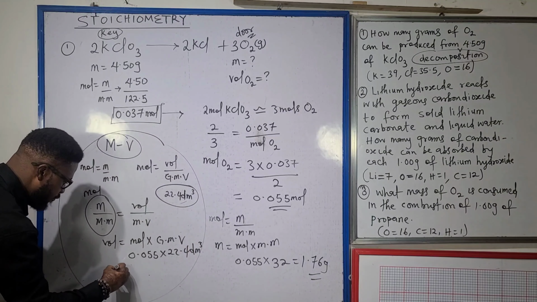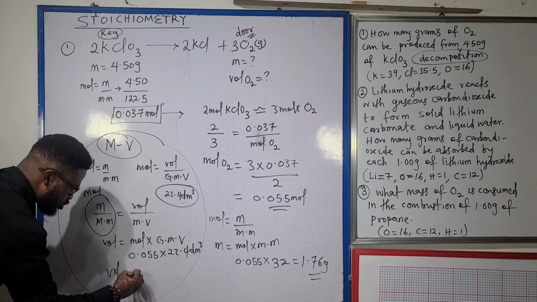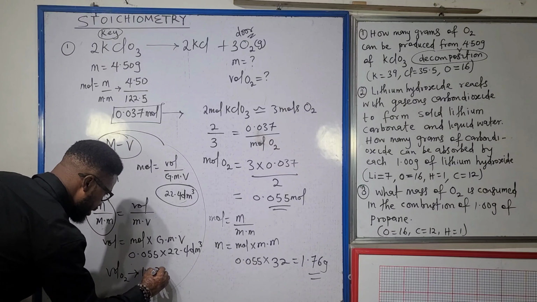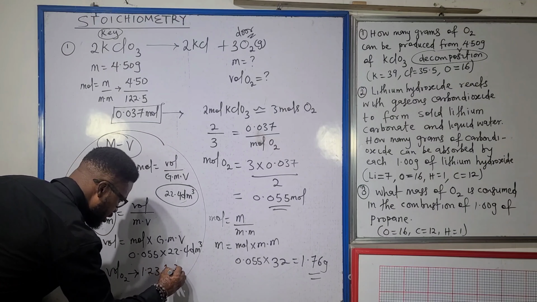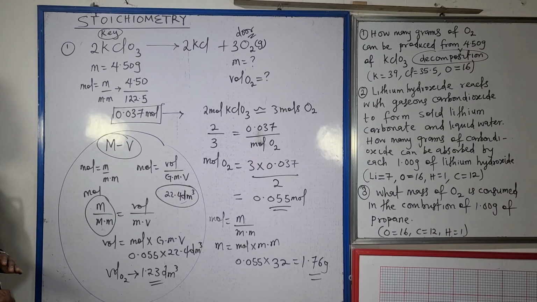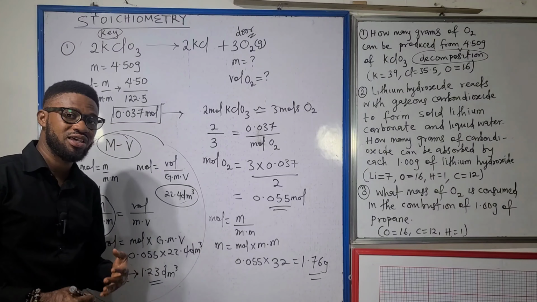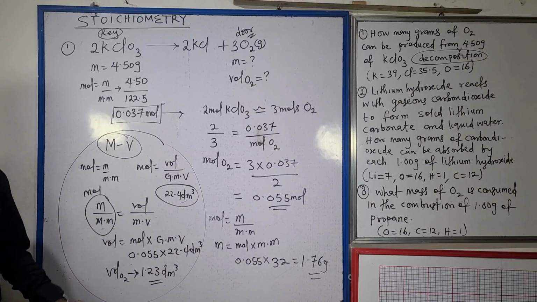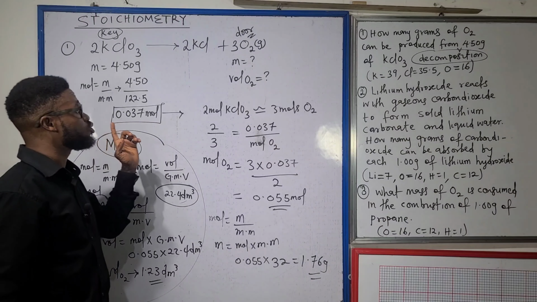So the volume of oxygen here is 1.23 dm cube. Stoichiometry is so easy. Just navigate the right way, use the right formula, follow the right process, and you'll be good to go. So that ends question 1.